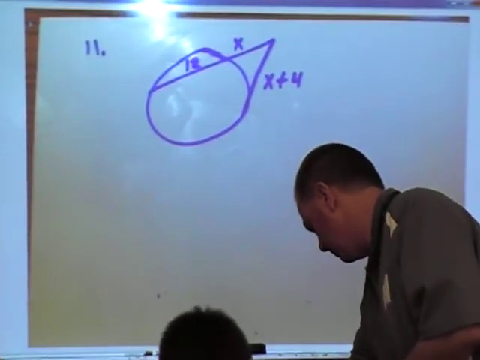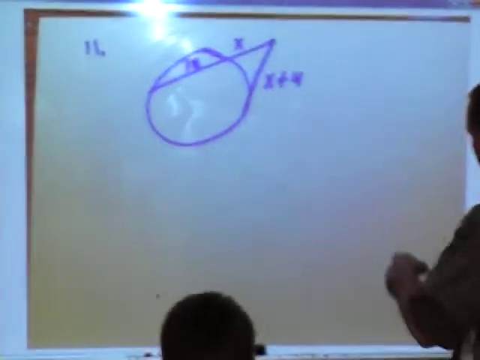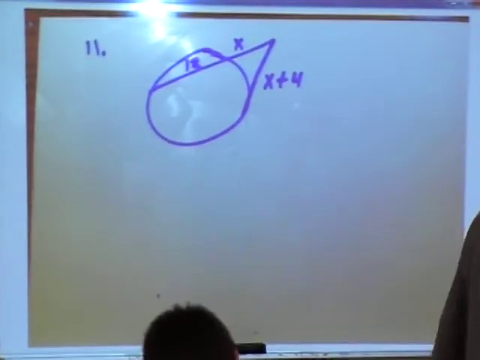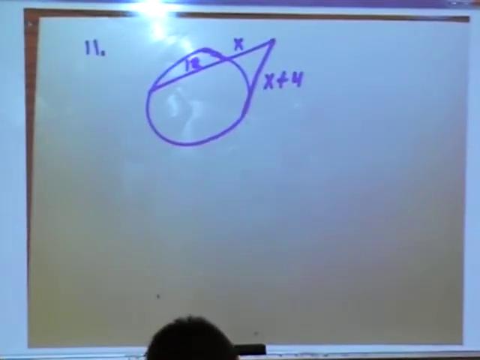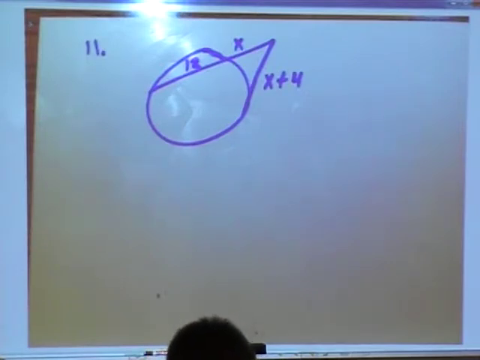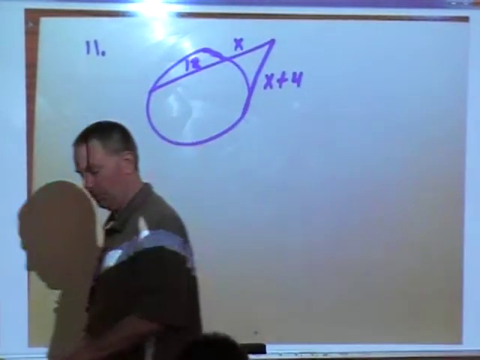This is right. The whole secant is x plus 12 times x. You guys got this? Kind of doing it all in your head, huh? Okay, let's at least set it up correctly. Now use a marker, that's better.